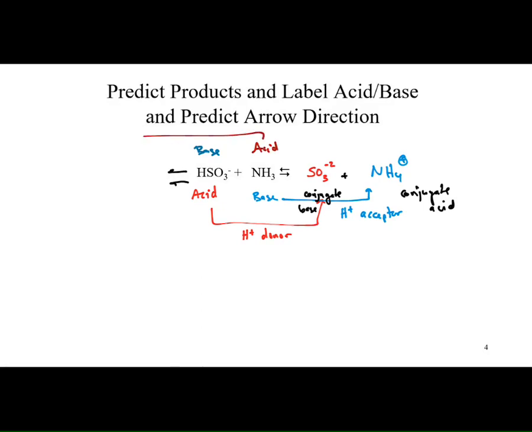Okay, so if we ran that system, if it acts as an acid, it donates hydrogen, and so we'd end up with NH2-. And if our HSO3- acted as a base, we would get H2SO3 because it accepted that hydrogen. So these species are interesting because they had two possibilities.